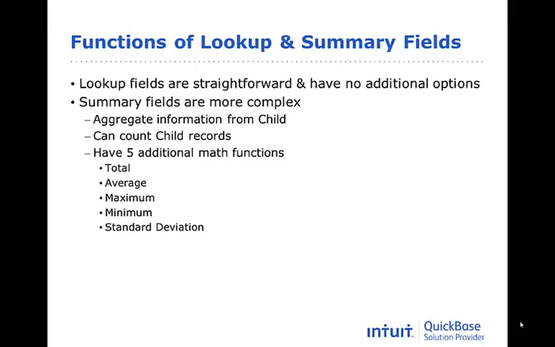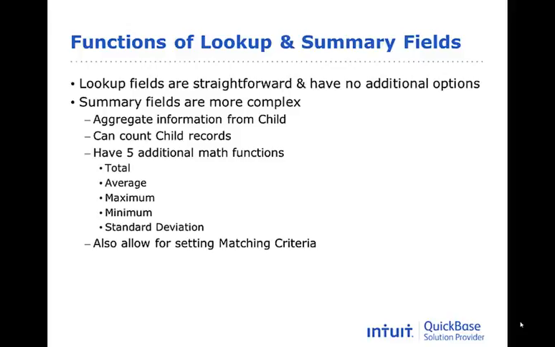While simply aggregating information can be helpful, summary fields provide another option that makes their functions even more useful. When building these fields, we can set requirements for matching criteria, which will allow us to count the number of tasks in a particular status, or to find the total of all expenses that have been approved.